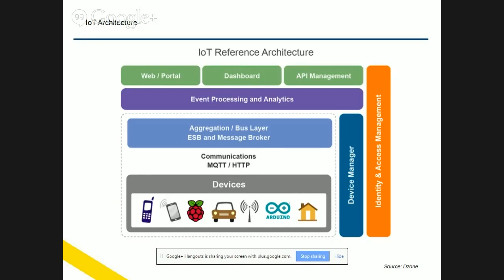So before we go into what happens on the cloud, we'll have a look at what we could do with the devices themselves. So we have something called a device manager, which will allow you to define the devices, establish relationships between these devices.